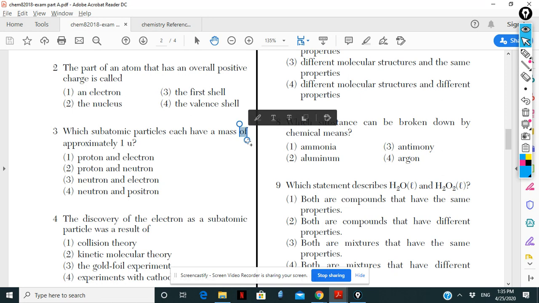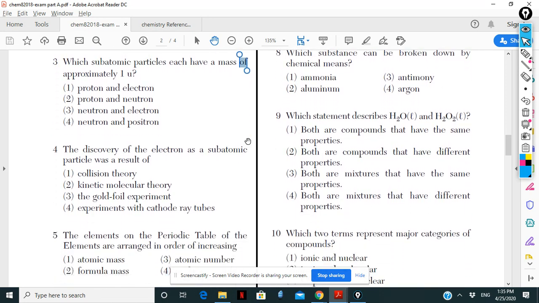Question number 3. Which subatomic particle has a mass of approximately 1 u? In that case, we have to think a little bit about which part in the atom has a mass. We know that the mass of the electron is negligible.